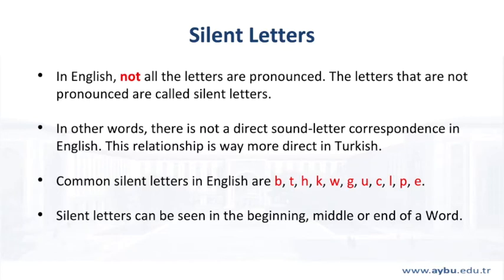From here on, we'll look at these common silent letters in English with examples. In these examples, silent letters will be given red, bold, and underlined. Let's begin with silent B.